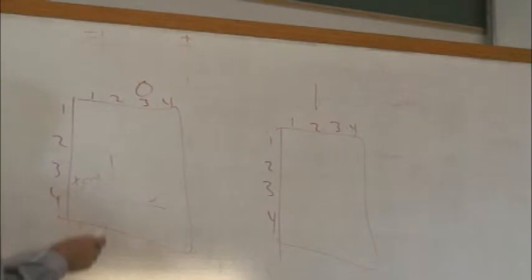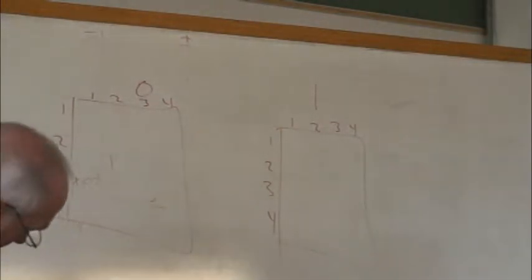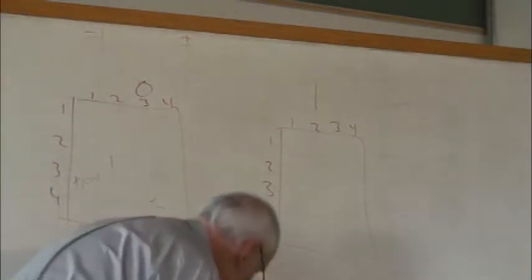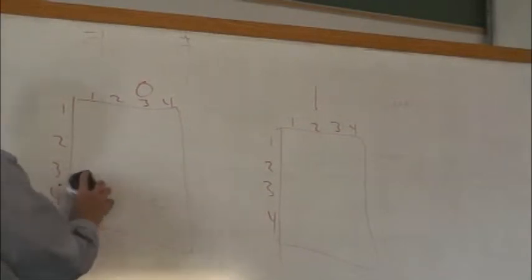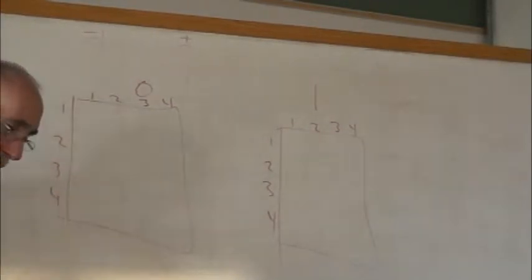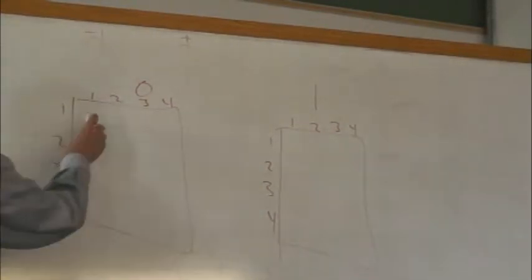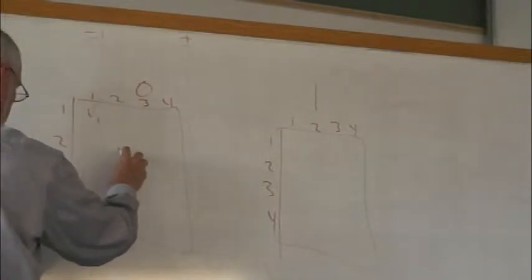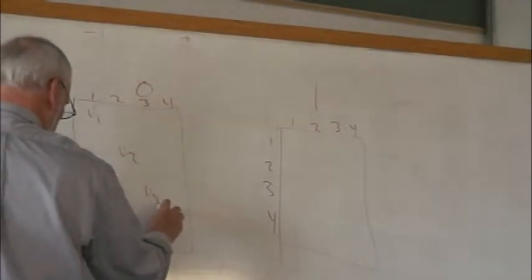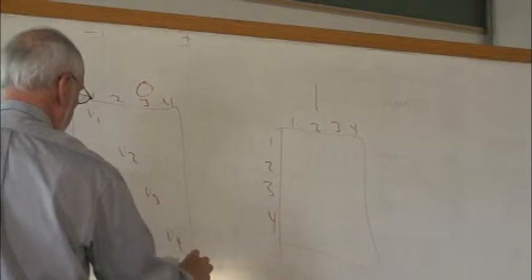On the diagonals would be variances. So here you would have variance 1, variance 2, variance 3, variance 4.